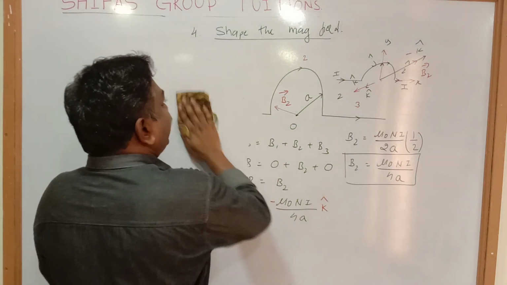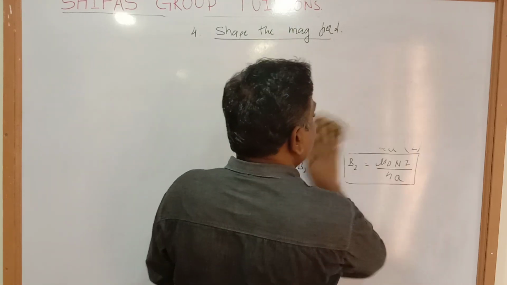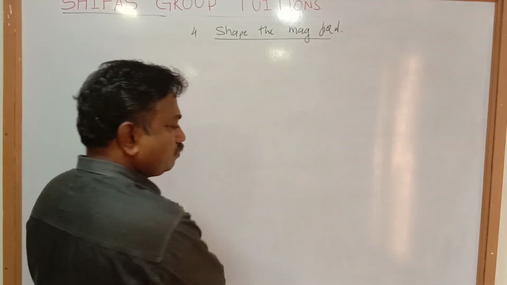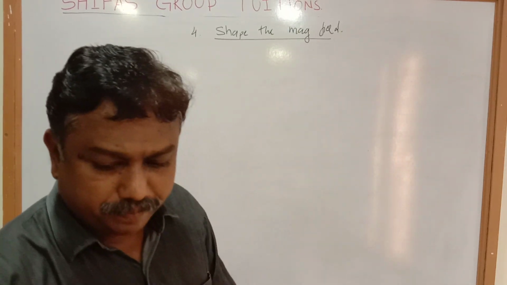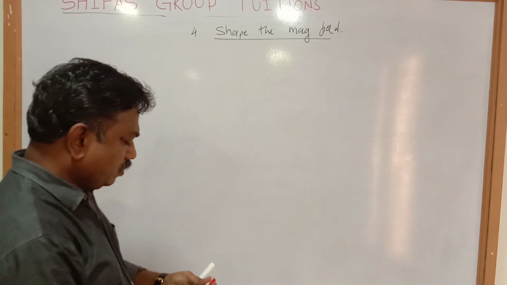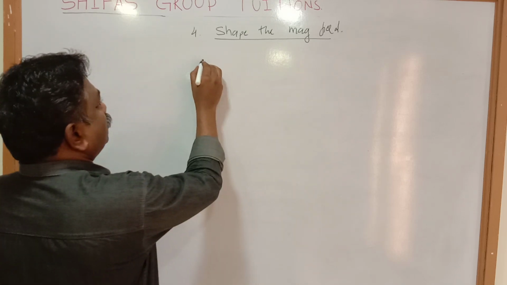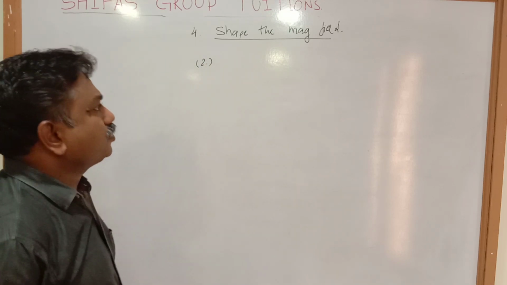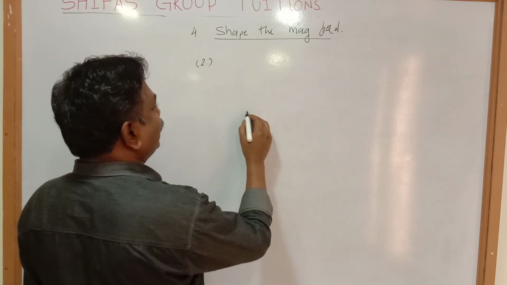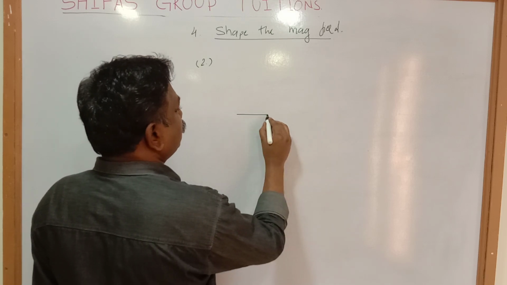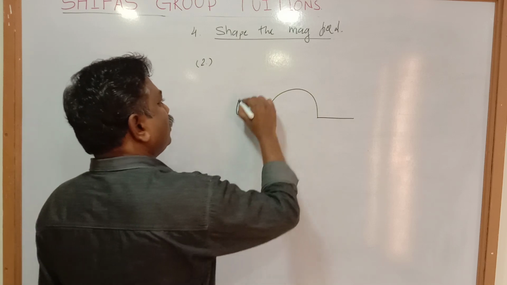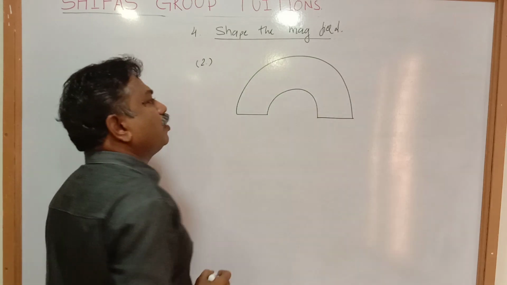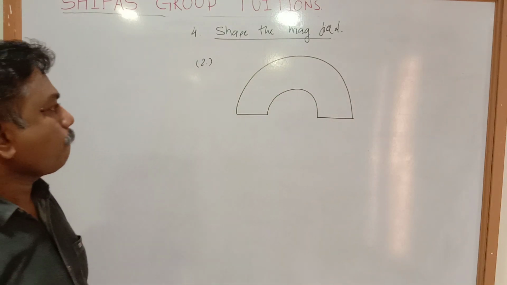So in the second shape we are going to take, suppose I am taking like this. This we have learned, and here I am drawing one more semicircle.